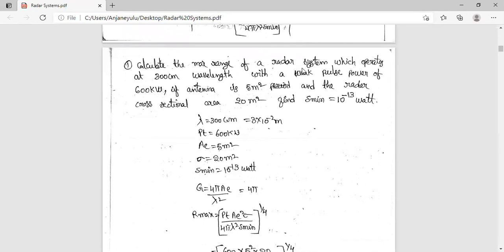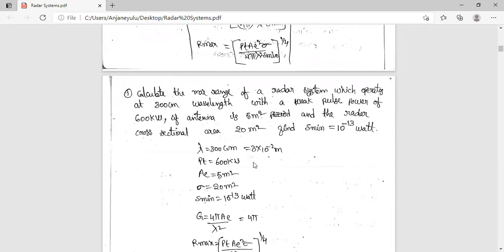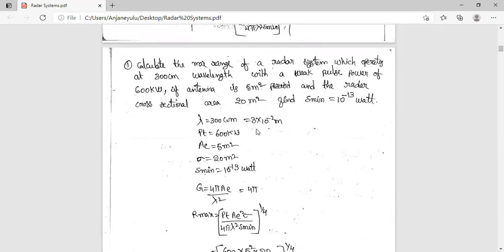See here one problem. Calculate the maximum range of a radar system which operates at a wavelength of 300 centimeters with a pulse power of 600 kilowatts. The antenna area is 5 meters square and the radar cross sectional area is 20 meters square. Find R maximum, with S minimum equal to 10 power minus 13 watts. Lambda, the wavelength, is 300 centimeters, which equals 3 into 10 power minus 2 meters, because the velocity of light is expressed in meters, so the wavelength is converted into meters.